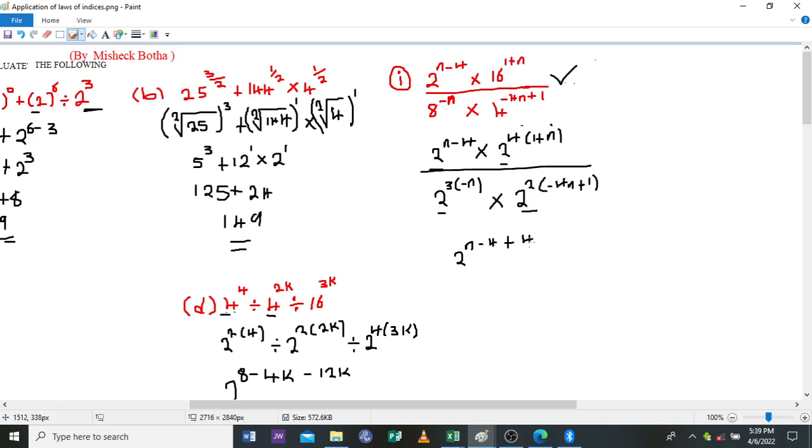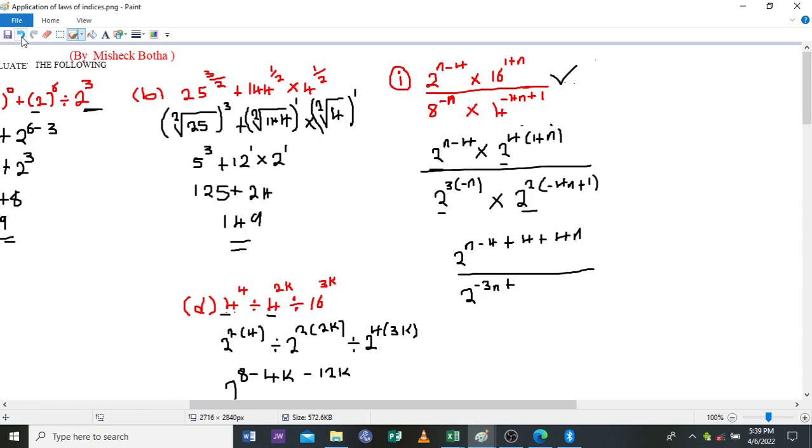So we have 4 times 1, that's 4 plus 4 times n, that will give us 4n. Good. Divide this by, we have 2. Now 3 times negative n, that will give us negative 3n, right? Plus, we are adding the powers, remember.